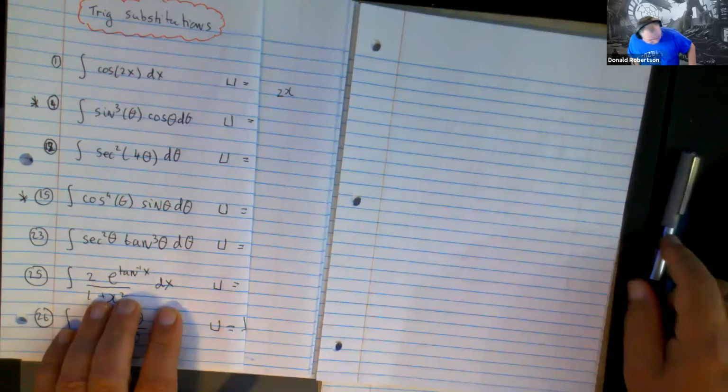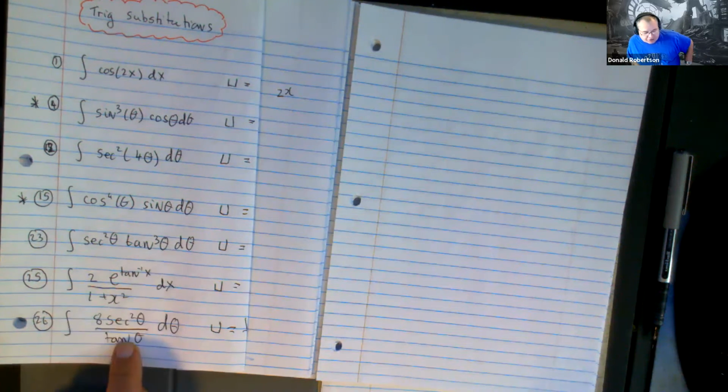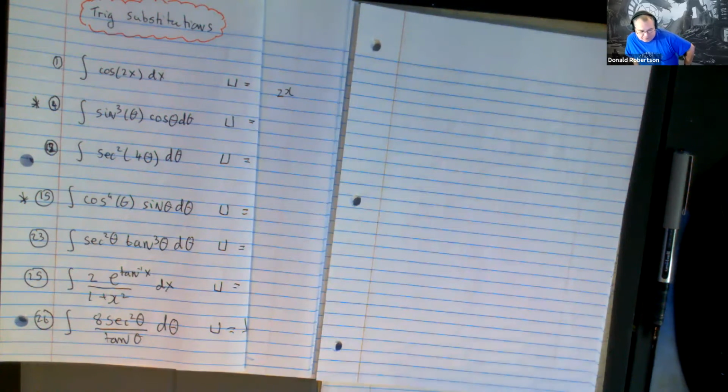Okay. Looking at a different situation here. Question 26. Who is your u sub going to be in question 26? Now, if you get it wrong, I'll just tell you that's the wrong one, and then you pick the other one, right?